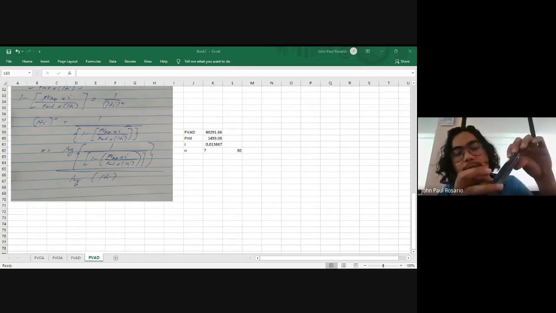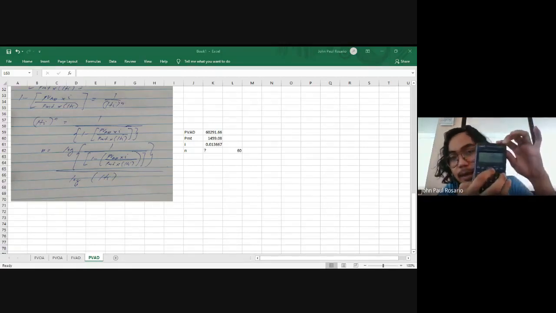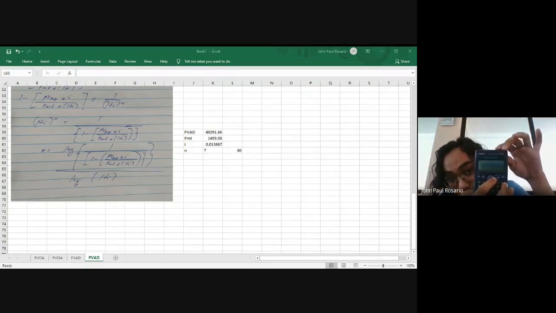And then enclose mo ito ng parenthesis, over log of 1 plus 0.164 divided by 12.